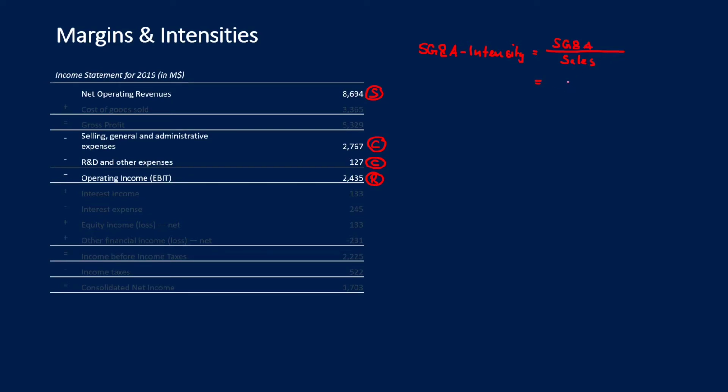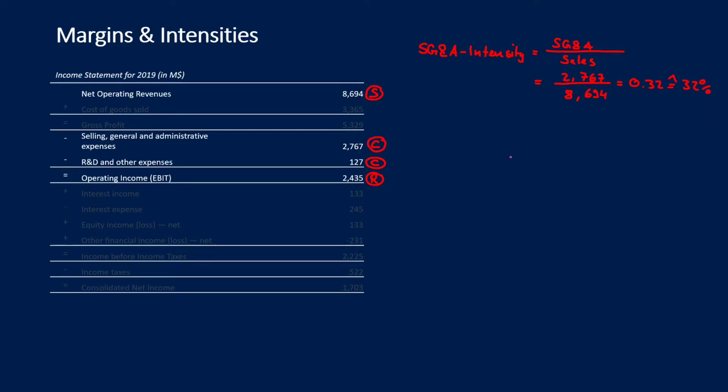In this particular example, it would be 2,767 divided by 8,694, and that gives us 0.32, which is equivalent to 32%.